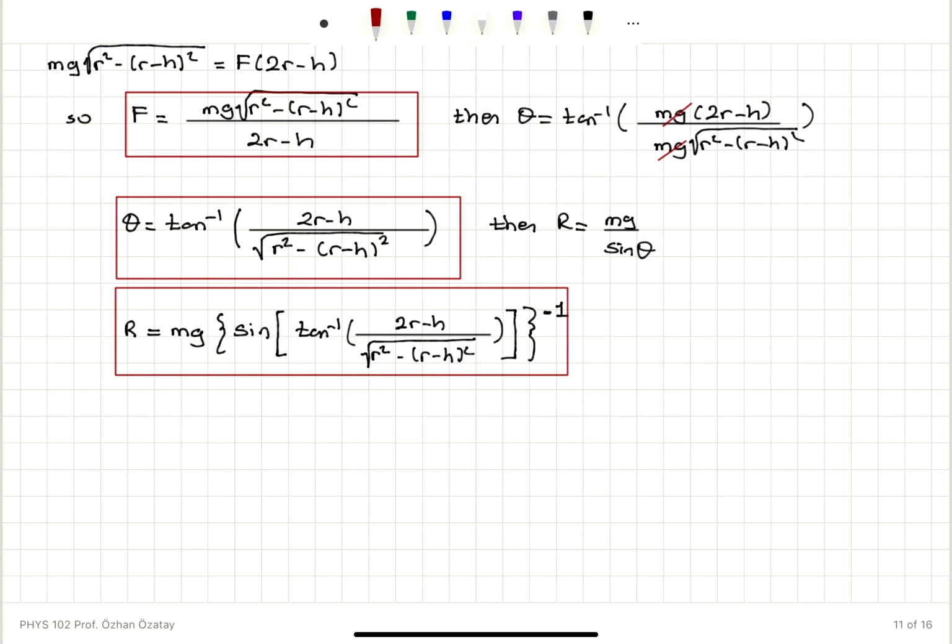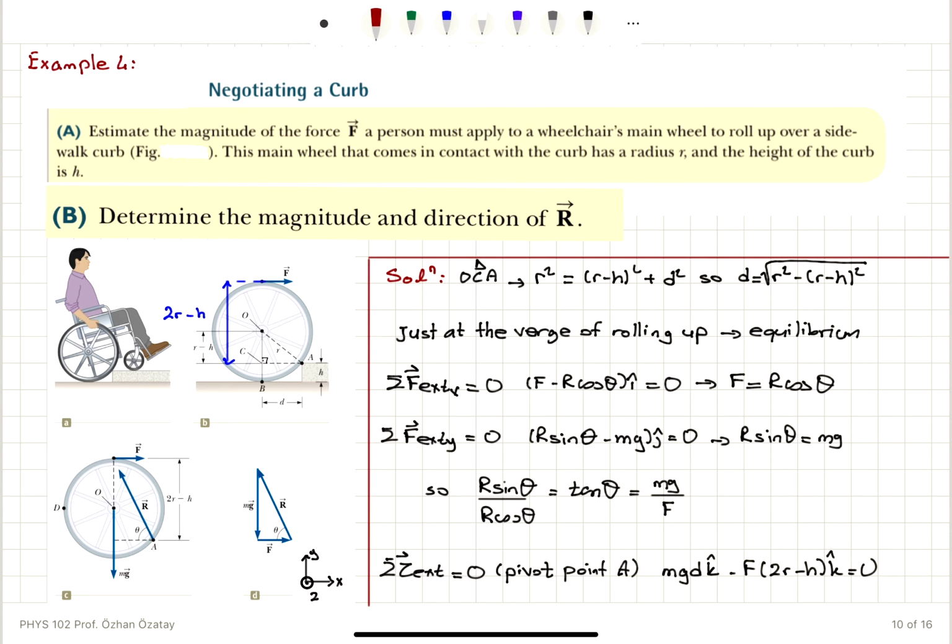Okay, so in this problem we have looked at the critical condition for negotiating a curb. We want to estimate the magnitude of the force a person must apply horizontally to the wheelchair's main wheel to roll up over a sidewalk curb. We know that it has radius r and the height of the curb is h.